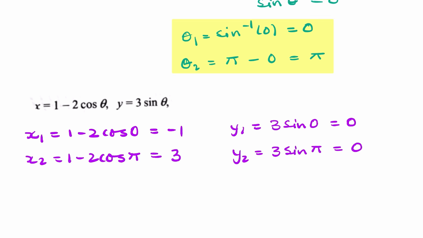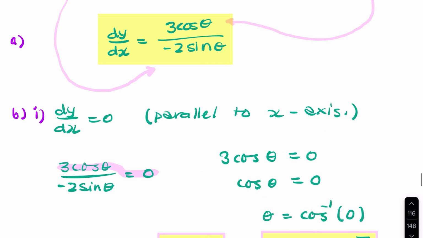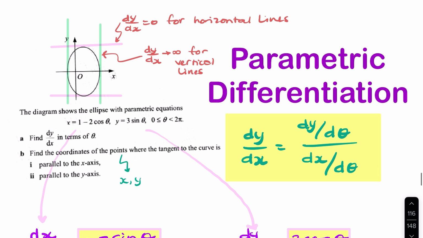Right, so we know the coordinates of the y points, and that sort of makes sense. So we're looking for the points where the tangents are vertical. So these points have y coordinate 0 and x coordinates minus 1 and 3. Whereas what we found before were these 2 points where the x coordinate was 1 and the y coordinate was 3 and negative 3.